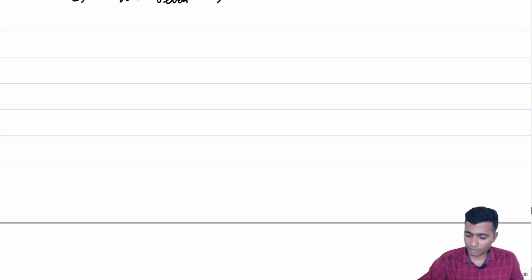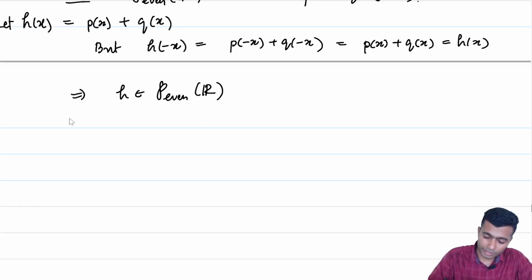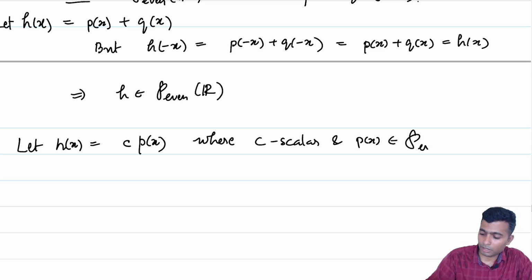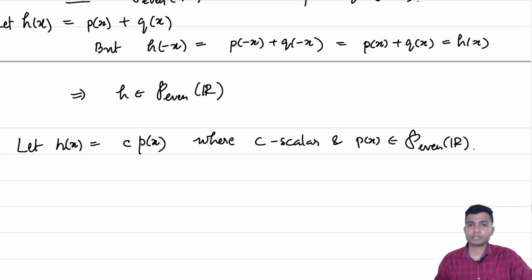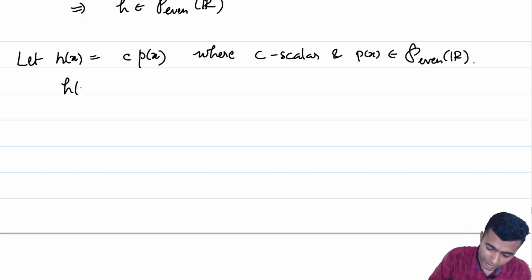And how about scalar multiplication? Is P even of R closed under scalar multiplication? Let c be some scalar. Let h of x be equal to c times some polynomial p of x, where c is a scalar and p of x is in P even of R. Let us check whether h is now in P even of R. To do that, what is h of minus x?